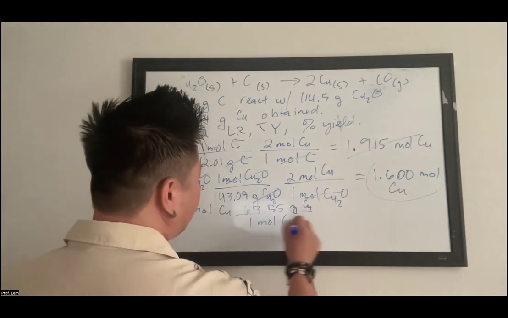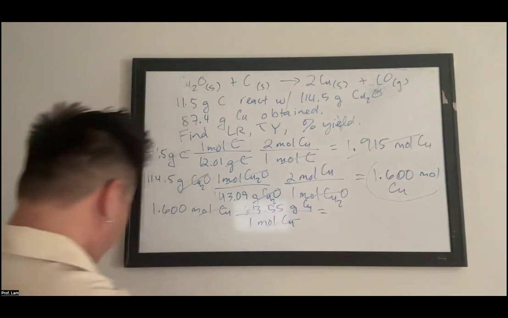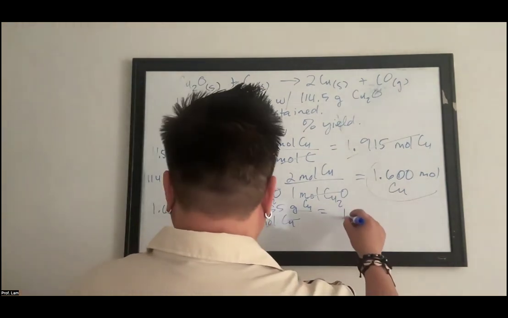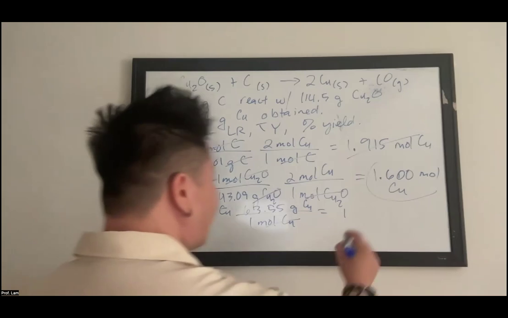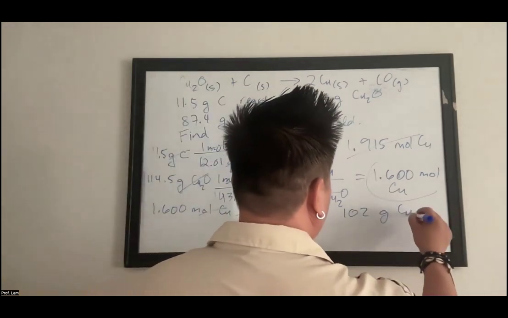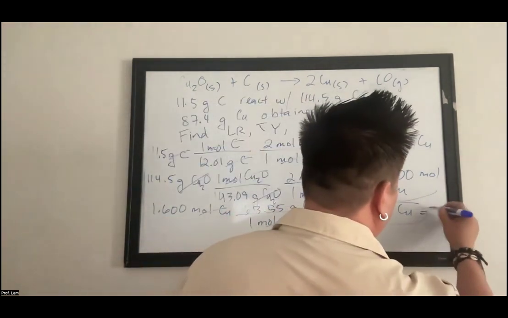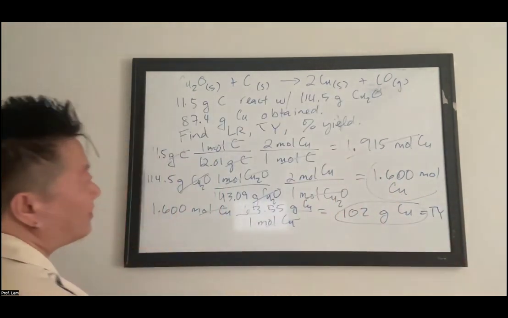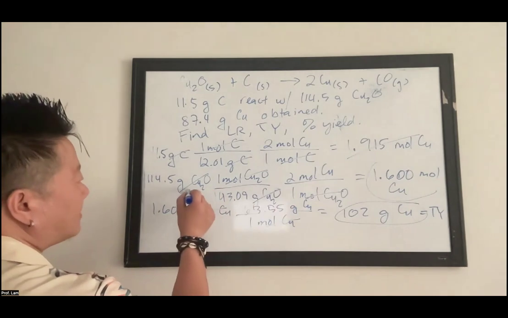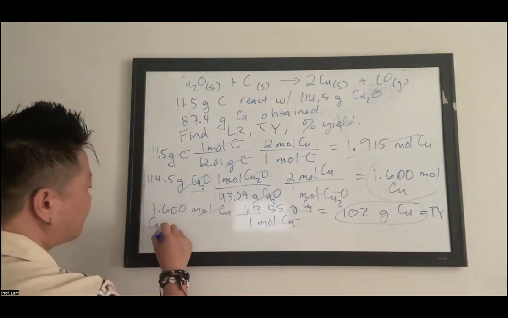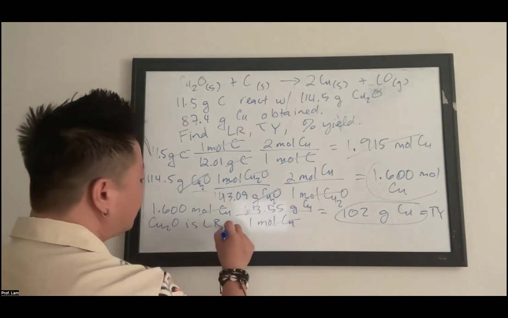We want grams on top. 1 mole of Cu on bottom. Okay, so 3 sig figs, 102 grams of copper. That is our theoretical yield. Okay. The limiting reactant we know is, right, what produced the smaller number is the Cu2O is the limiting reactant.